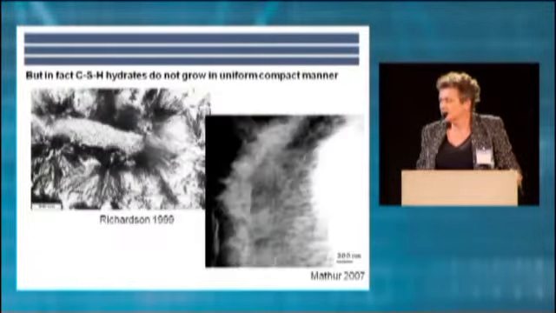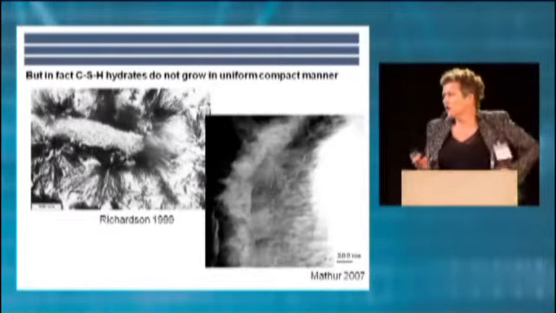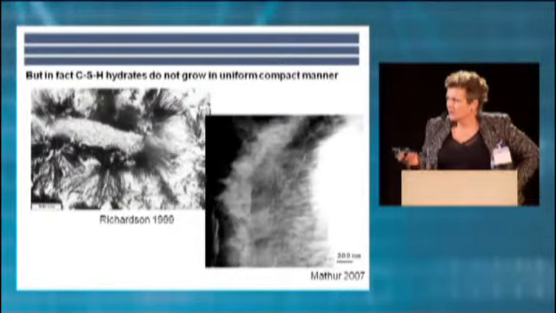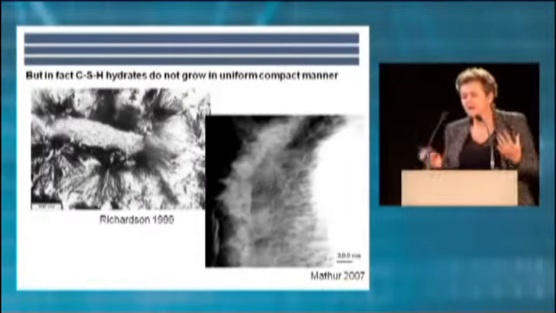And in fact, it led us to a new proposal that these hydrates are not growing in a uniform manner. What you see here in these micrographs is the hydration product forming around this cement particle, and you see the density of hydrates, the packing of hydrates here is much higher than out here.